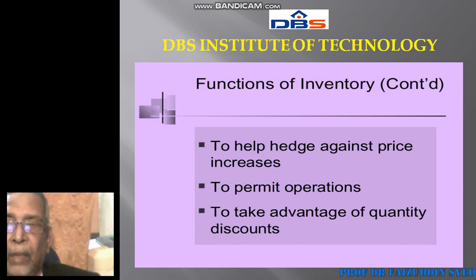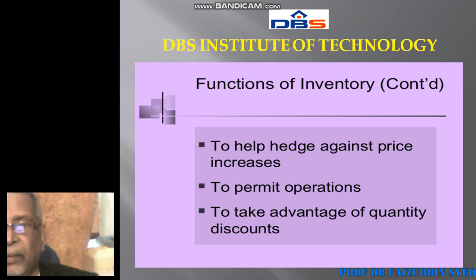After 6 months the rate of the material goes up, so we'll have to pay a lot of money. Because we don't want to pay a lot of money, we cannot purchase a lot of material, but some excess material can be purchased to hedge against price increases.